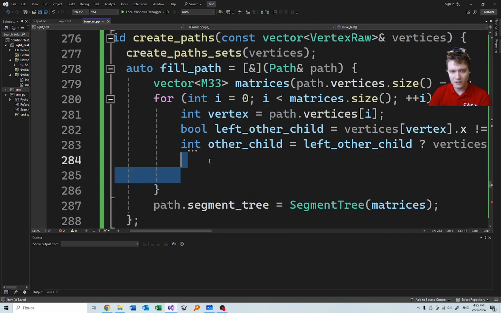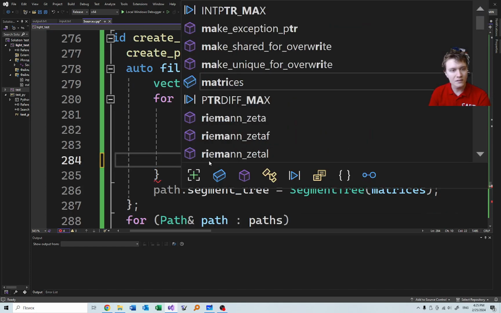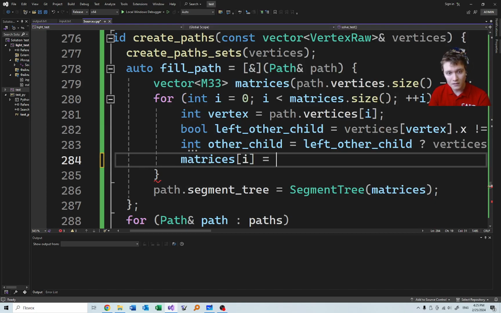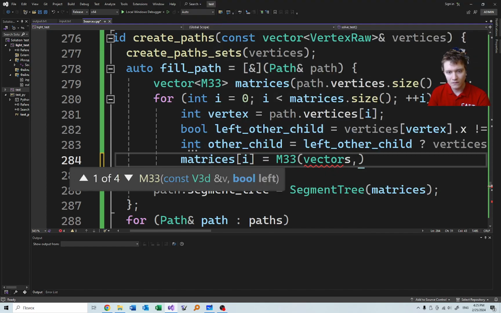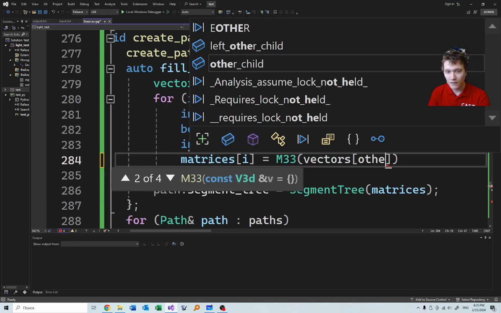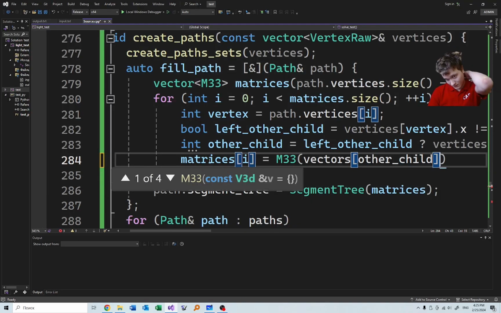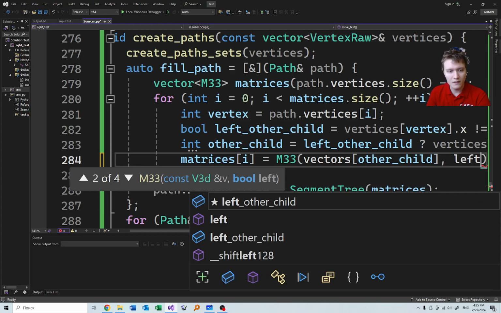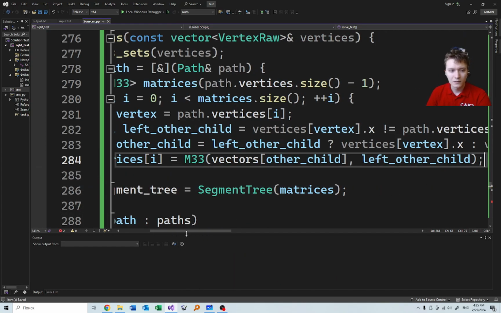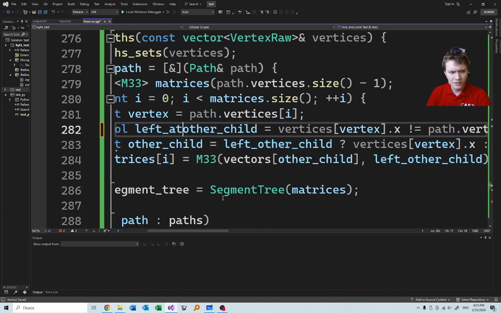And then we say that matrices I is M33 of vectors of other child and left other child. Actually, it should be another child, so let's rename.